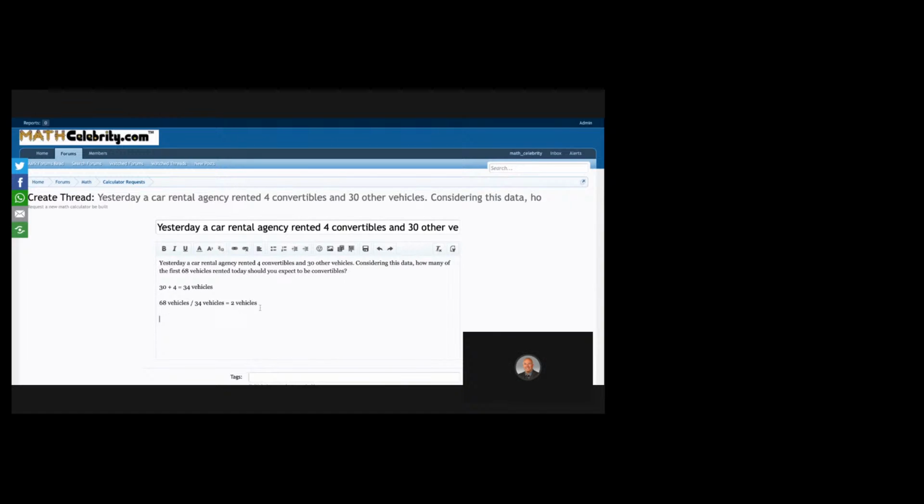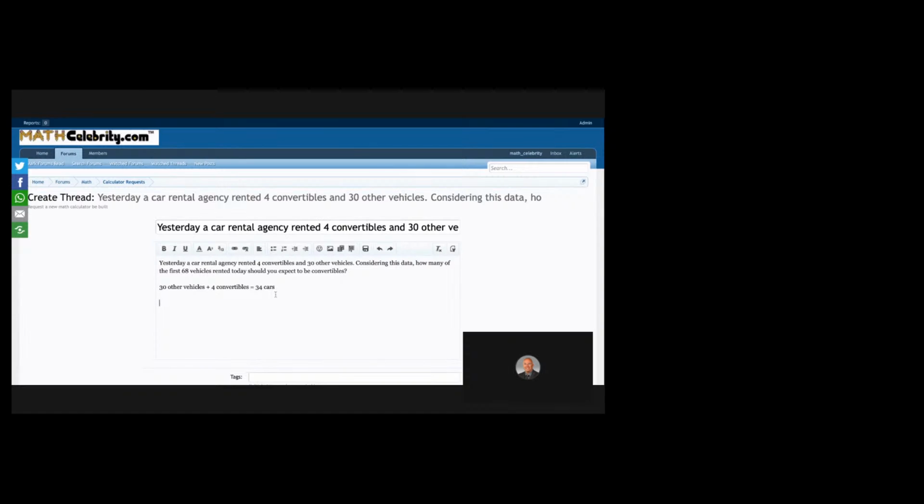But what's the key here is for every 34 vehicles, 30 are other vehicles, 4 are convertibles. So let's start over. 30 other vehicles and 4 convertibles equals 34 cars.